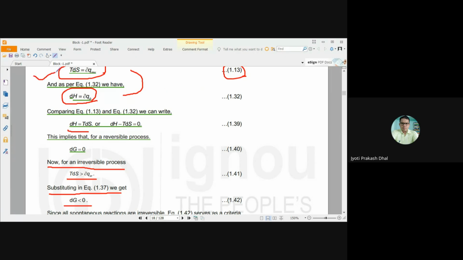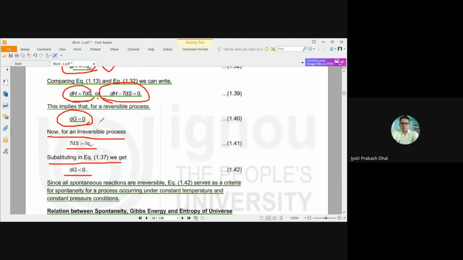Comparing both these equations, we can write dH equals TdS, that is dH minus TdS equals 0, and since dH minus TdS is nothing but dG, dG equals 0. So this is for a reversible process.